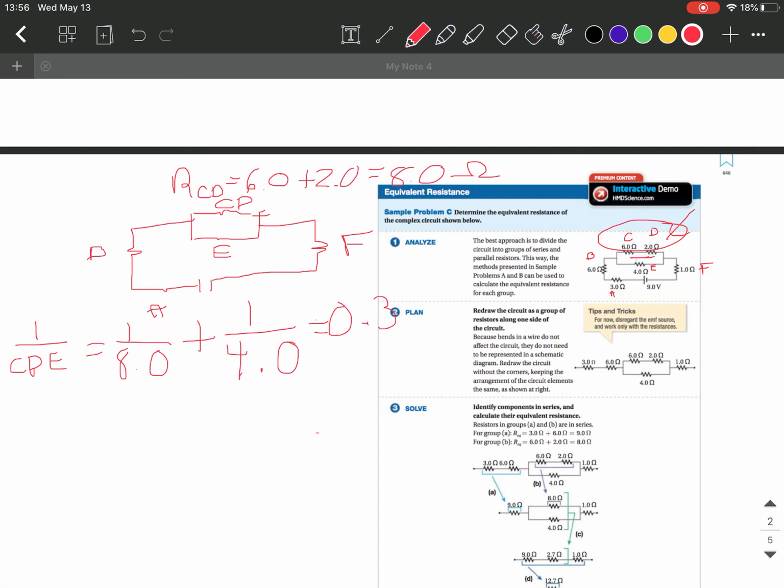And that gives me 0.375. So RCDE equals 1 divided by 0.375, 2.67.